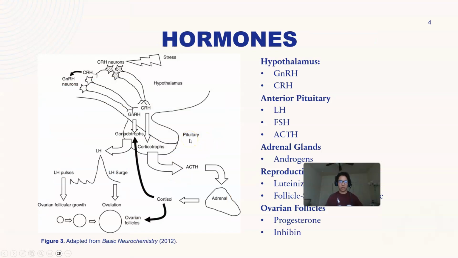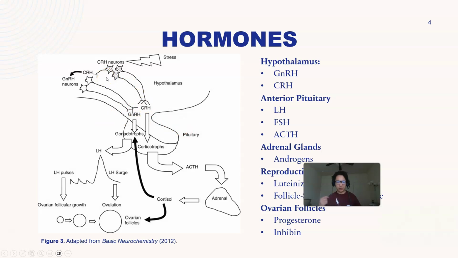Now let's talk about hormones. Sticking to our theme of answering the five W's, hormones will help us answer the who question. I like to think of hormones as the key players in the female reproductive system. Hormones are released from different organs.